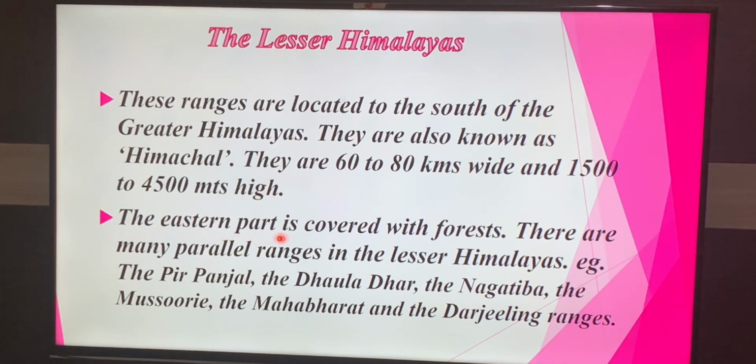The eastern part is covered with forest. There are many parallel ranges in these Lesser Himalayas, for example Pir Panjal, Dhauladhar, Nag Tibba, the Mussoorie, the Mahabharat and the Darjeeling ranges.